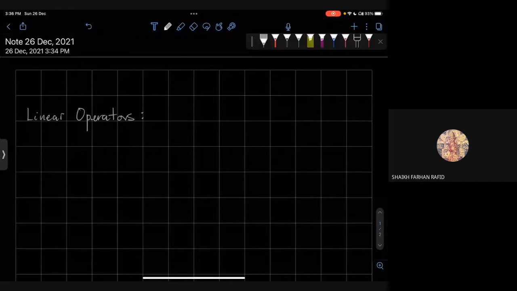Okay. So, let's think of operators. What are operators? The definition of an operator. We are looking at linear operators. Those are the operators we're interested in quantum mechanics. Can you guys see that I'm writing? Okay, so they're linear operators.